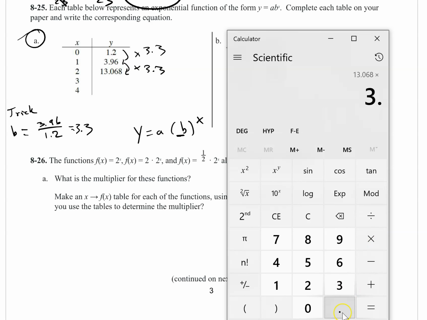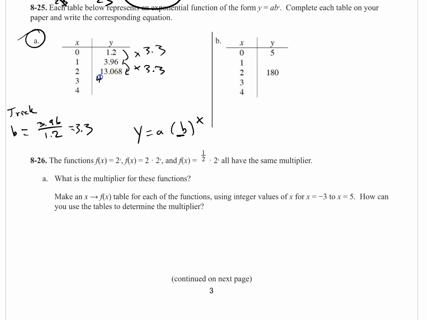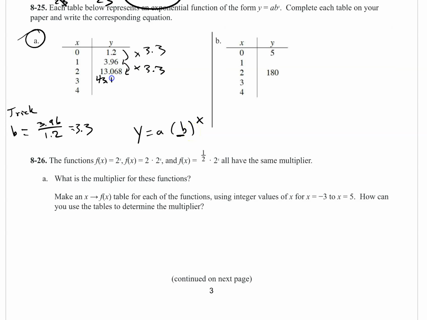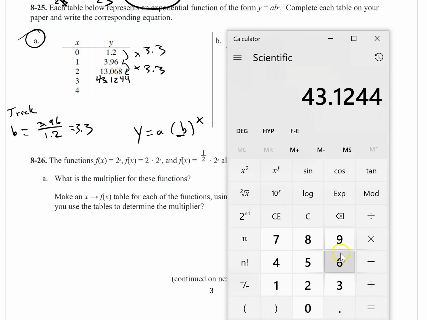And then if we multiply by 3.3 again, we're going to get 43.1244. And then if you keep multiplying by the multiplier, you'll get the fourth term, which is 142.31052.